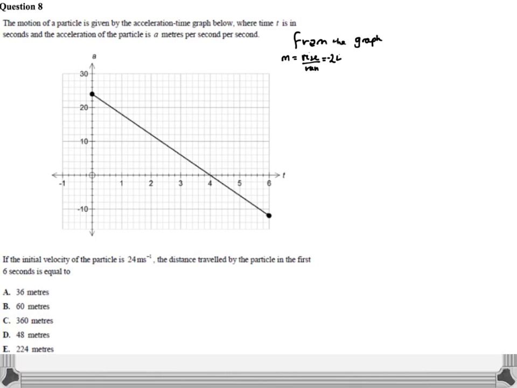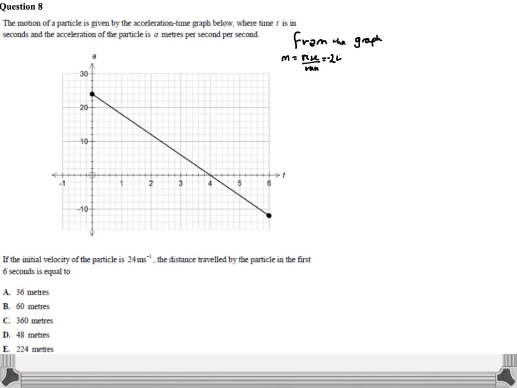Okay? So if you look at an acceleration time graph, the area under this curve would give you velocity, not distance or displacement. So we can't really approach it by examining area under this straight line here. It's not going to get us close to distance. So we've got to think about it another way.